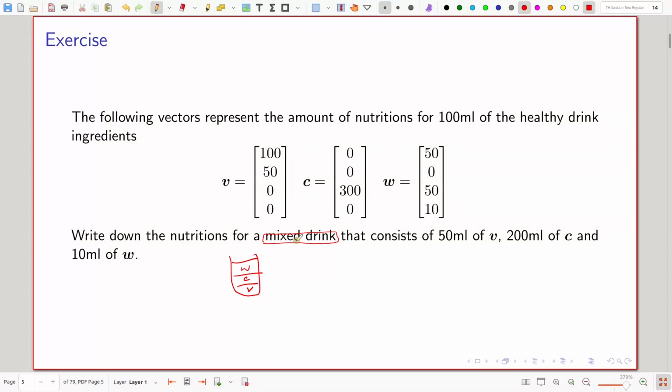So let me do that for 50 milliliters of V. How much do you get for each of the nutritions? This is for 100 milliliters, right?